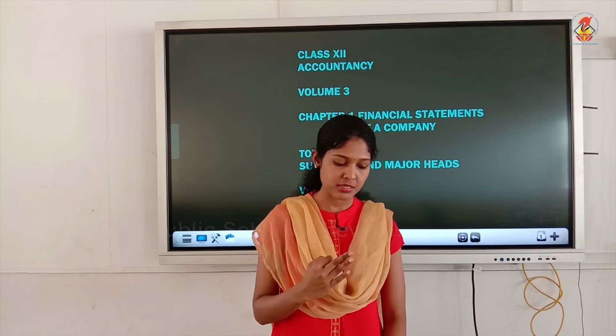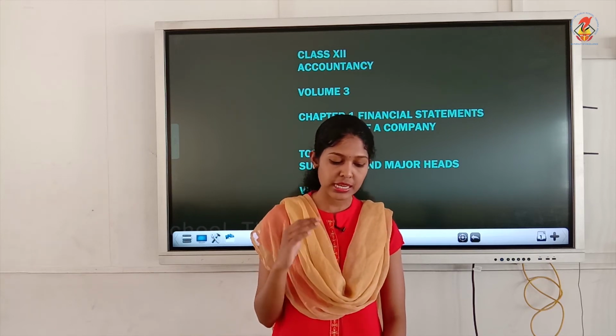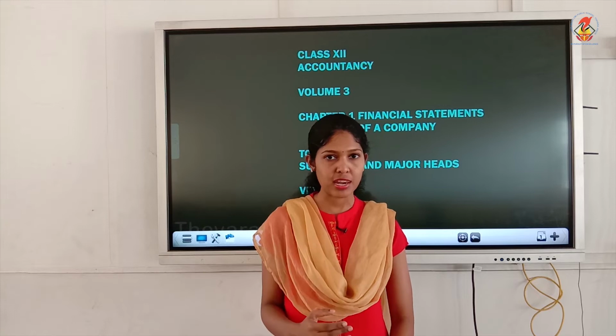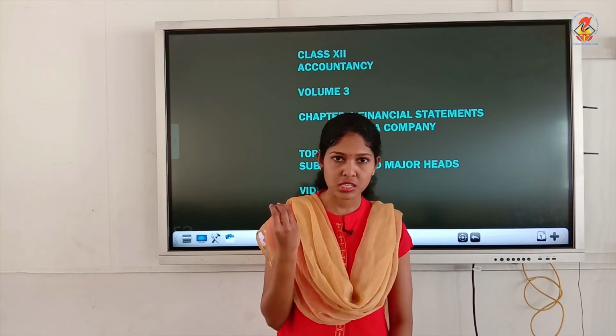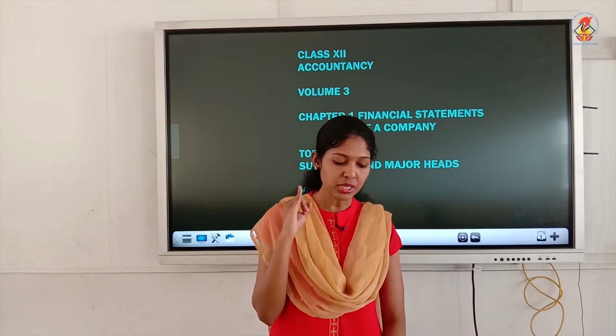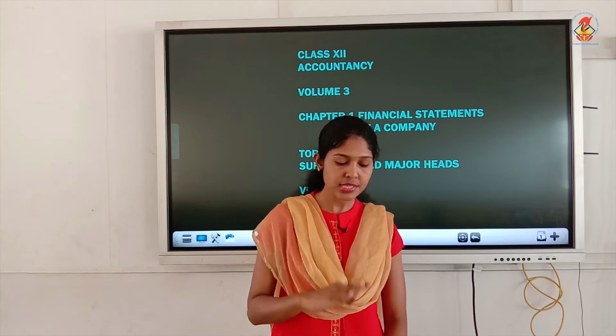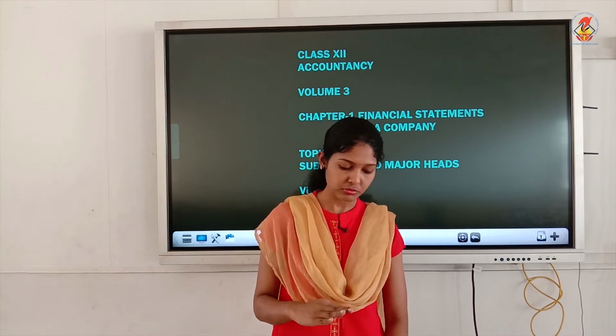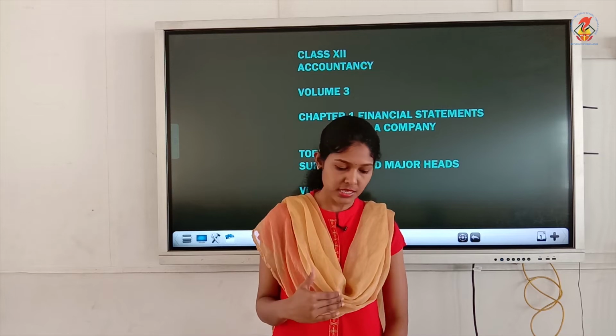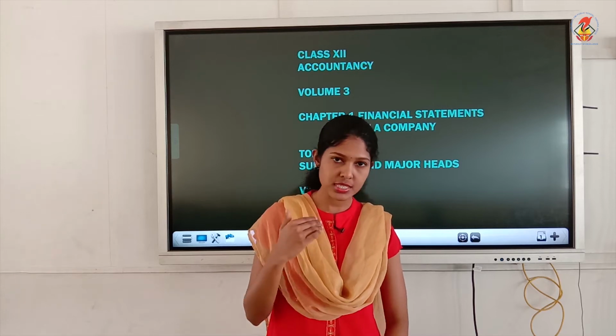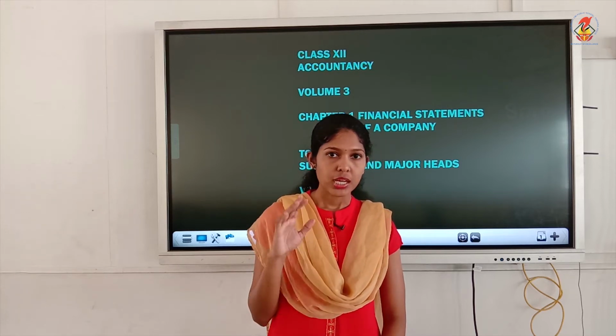Other than that, there is a heading like share application money pending allotment. Even if you don't go through that section, it's okay. You need to remember shareholders fund, non-current liabilities and current liabilities. Then under the assets section we have non-current assets and current assets. So all these you know.